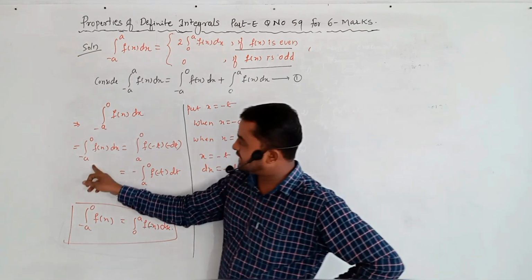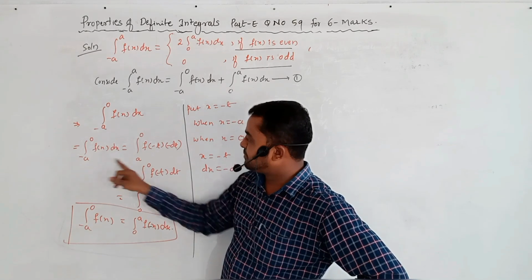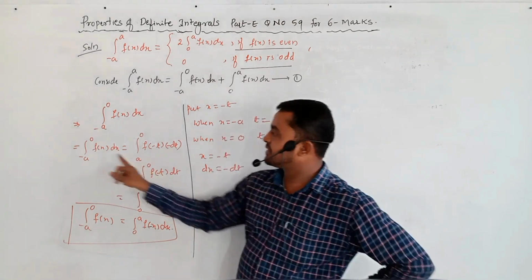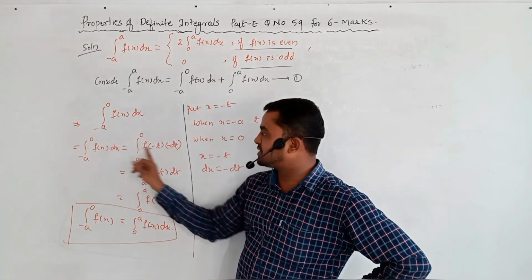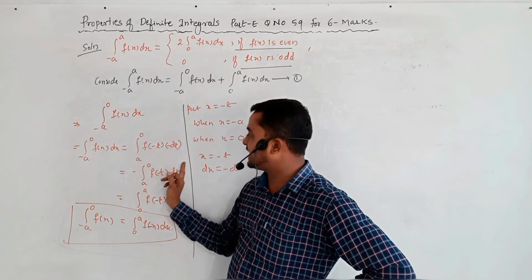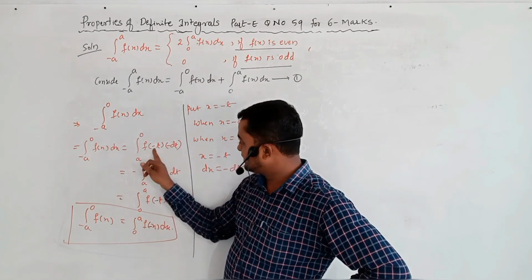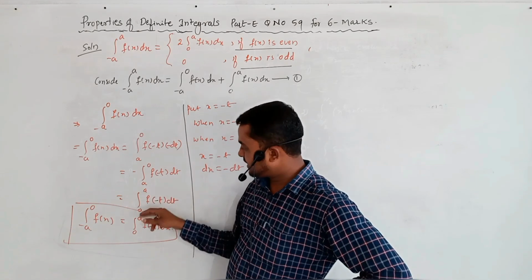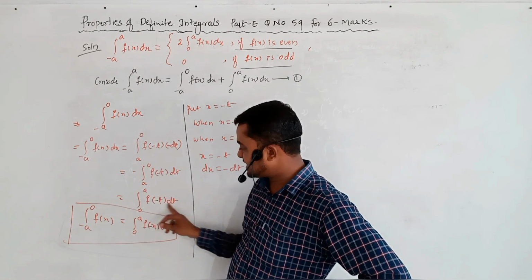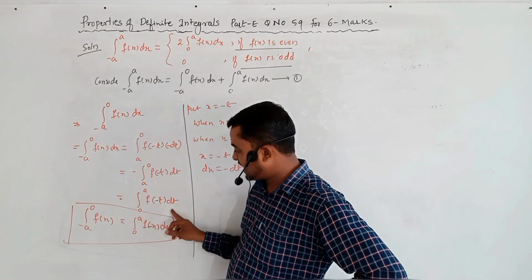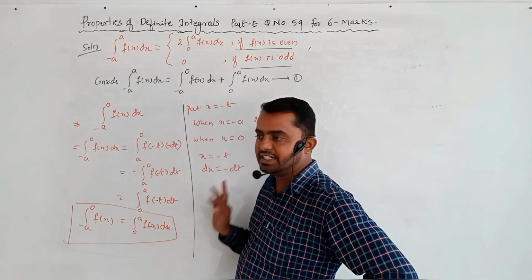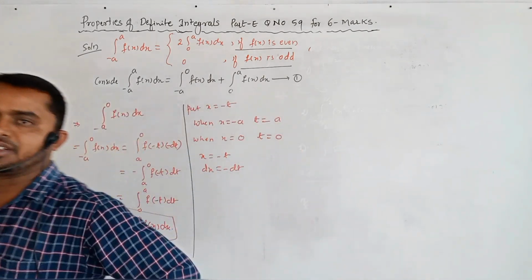Now come to here, minus a to 0 f of x dx. Minus a means plus a, 0 means 0, f of x means f of minus t, dx means minus dt. Take the minus sign here. Now interchange the limits, 0 to a f of minus t dt. Now change of variable, that is f of minus x dx.